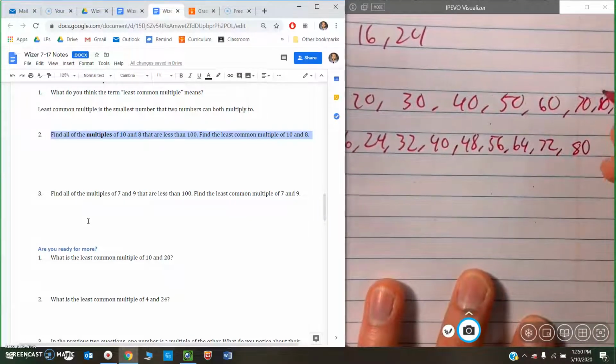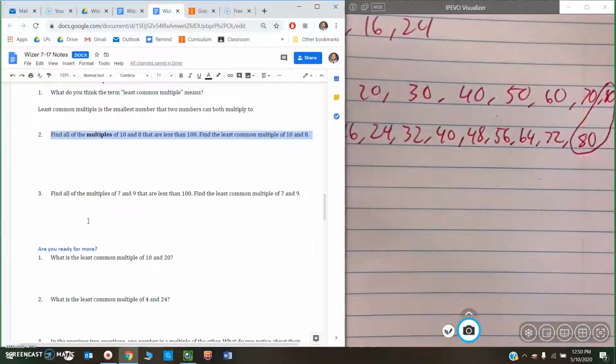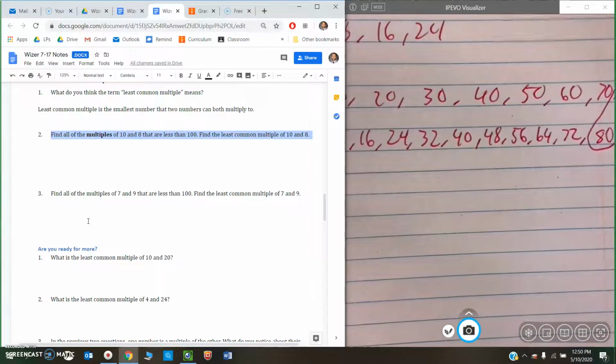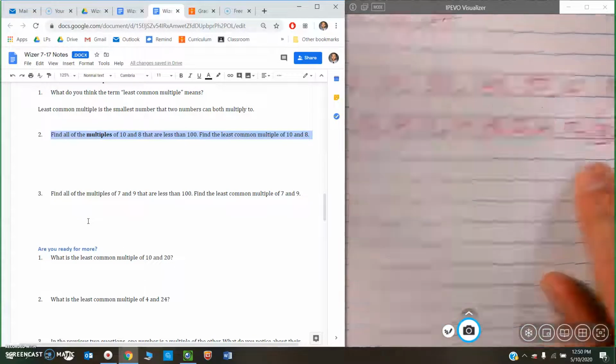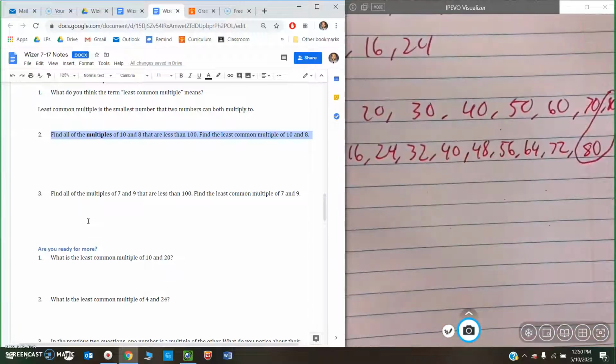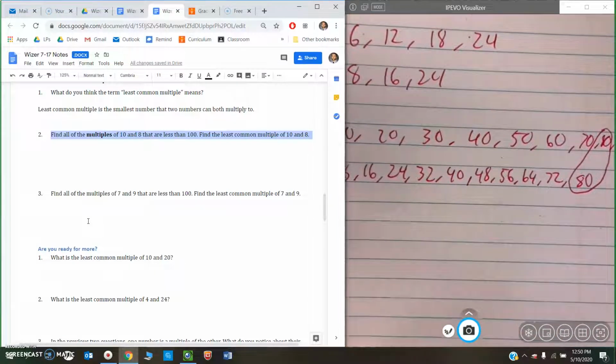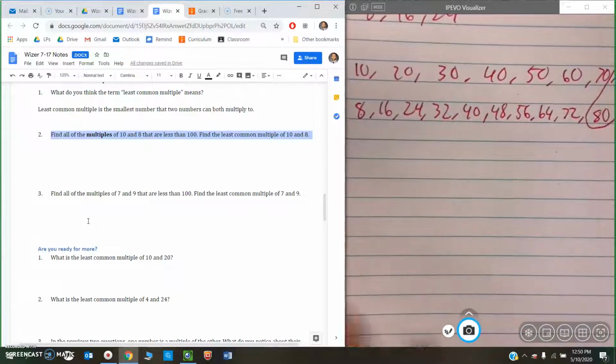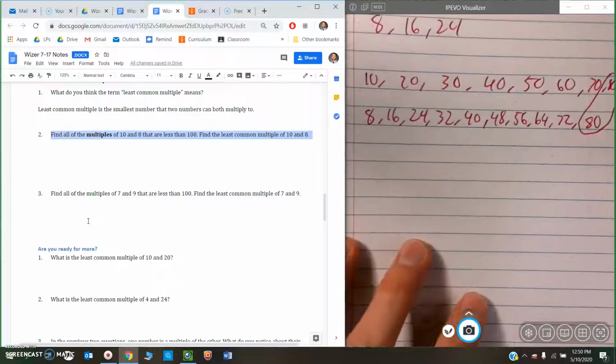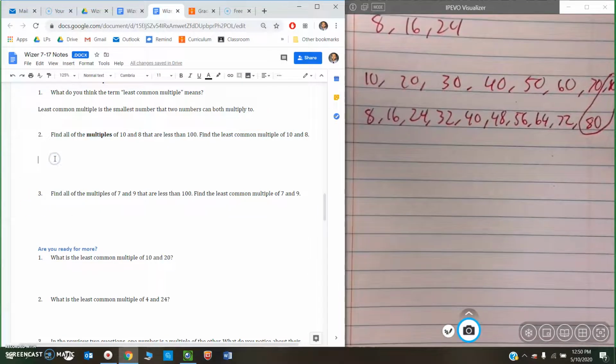And I'm going to stop right there because I see 80 is the first number that 8 can multiply to and 10 can multiply to. That is the first number that both of those can multiply to get me to. So 80 is the least common multiple of 8 and 10.